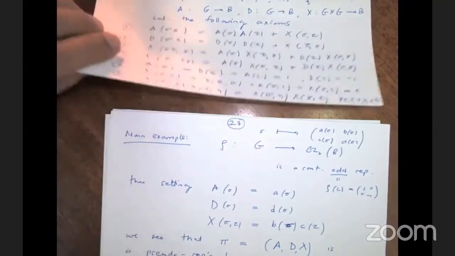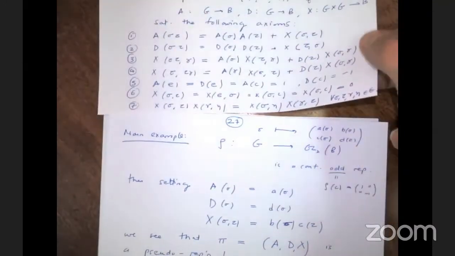We say that this pseudo representation comes from rho, the usual classical representation. Sir, slide it a little bit up. Yeah, sorry. Let me remove this page.